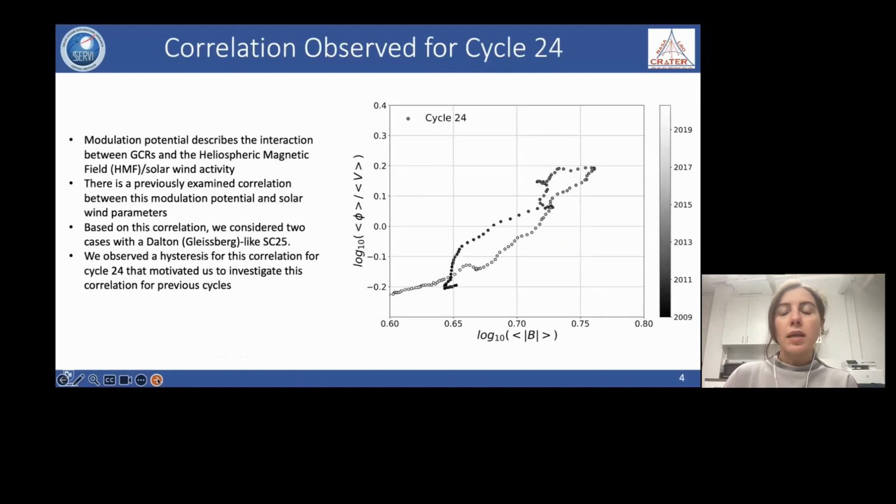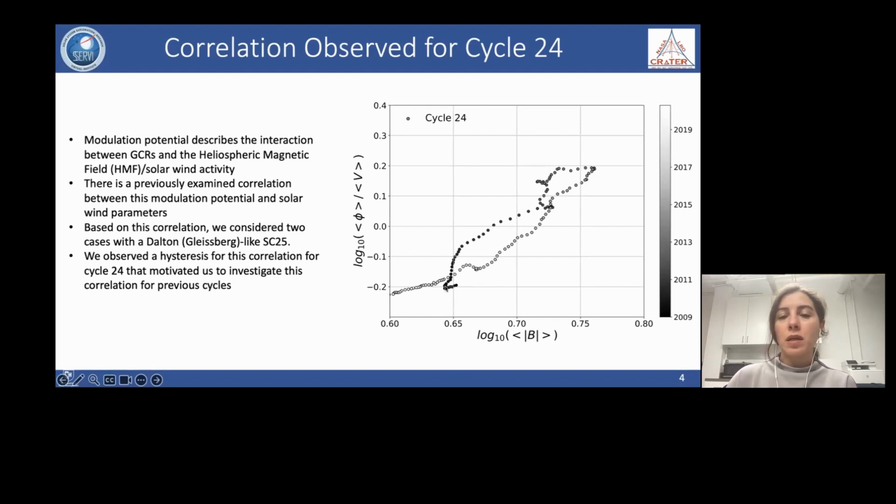To do that, first I need to explain about modulation potential, which describes the interaction between GCRs, galactic cosmic rays, and the heliospheric magnetic field. There's a previously examined correlation between the modulation potential and solar wind parameters. Here you can see that correlation.